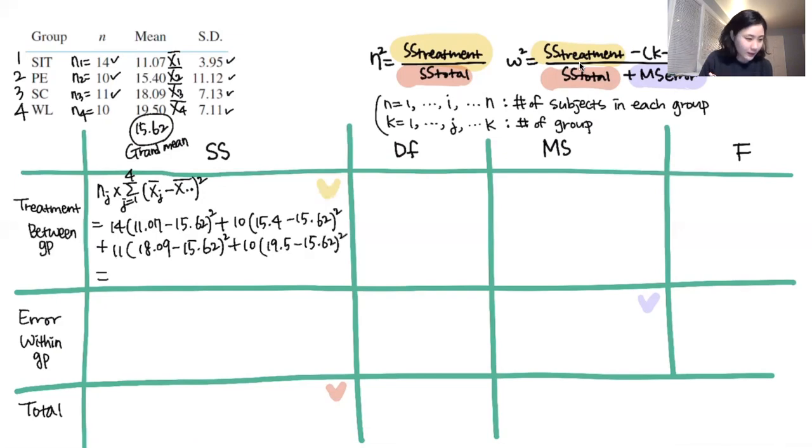If you calculate it, my result is 507.84. So we have the sum of squares treatment.